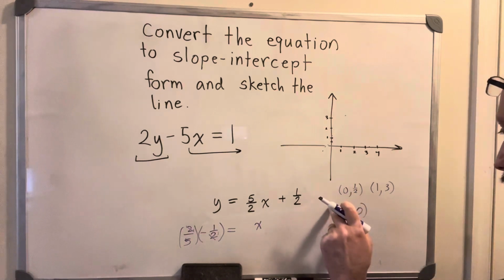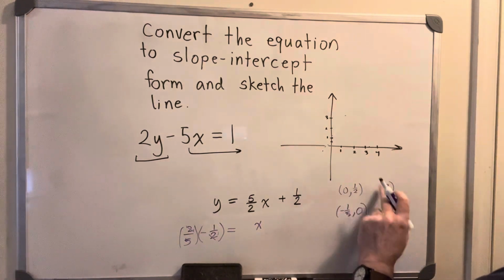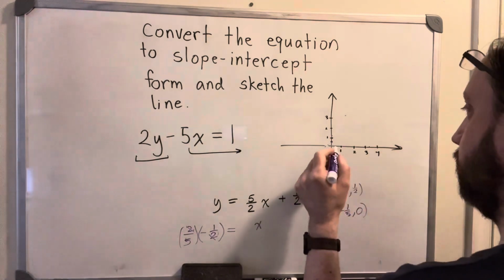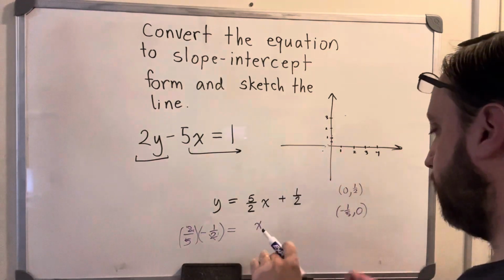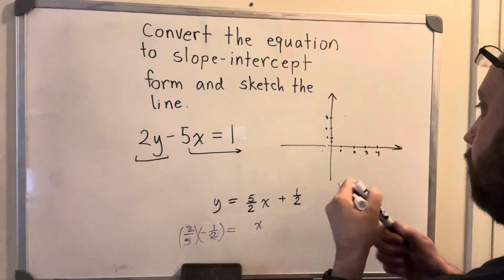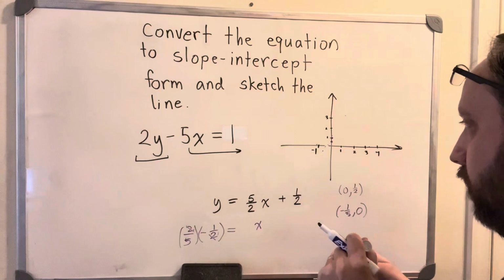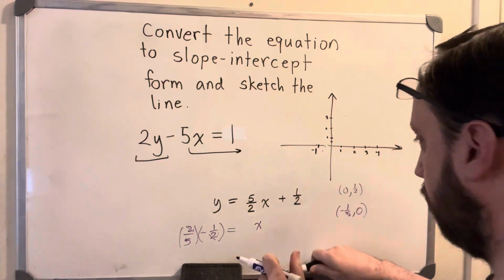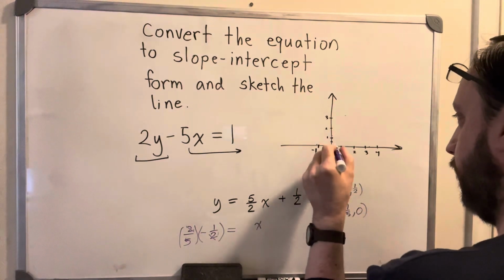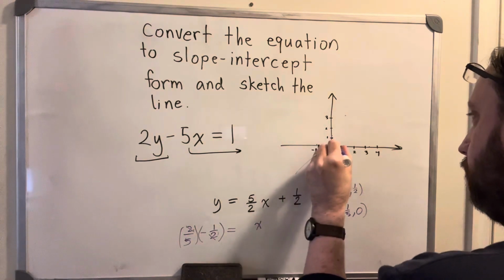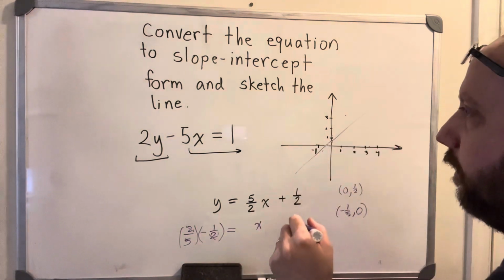It's actually better to have the x-intercept and the y-intercept, because that way we can tell where it crosses each axis. So if this is negative 1, it's about 1/5 of the way to right there. It's very close.